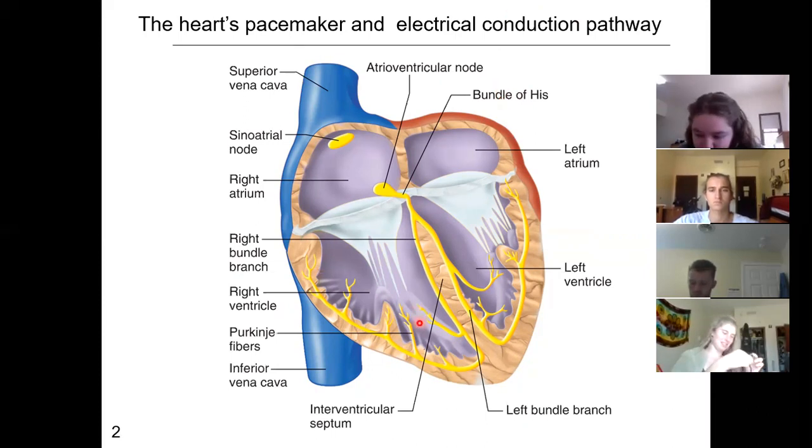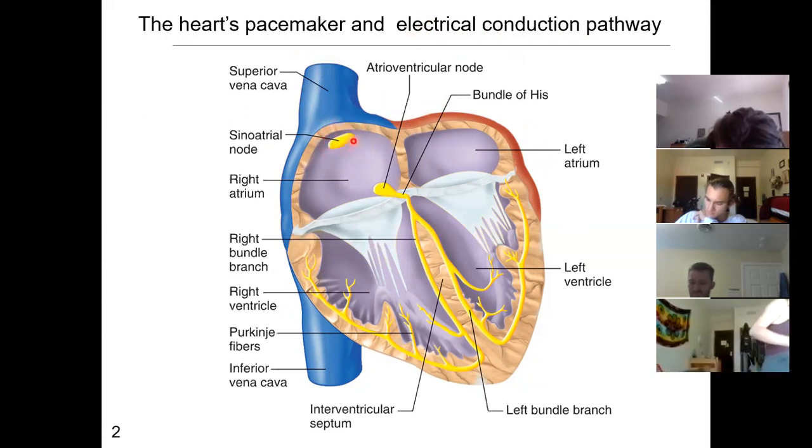All right, so let's look at the slide. So here is a cartoon of the heart, and we're going to be focusing on pacemaking and electrical pathways. Here is a key point. The intrinsic pacemaker of the heart is in a part of the heart called the sinoatrial node.